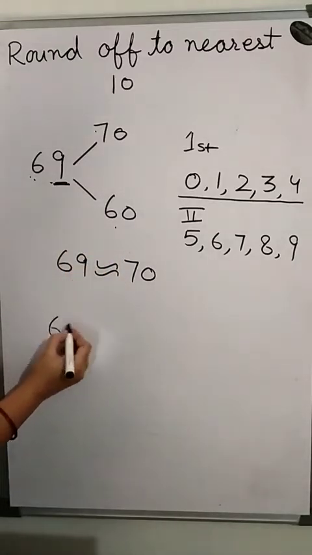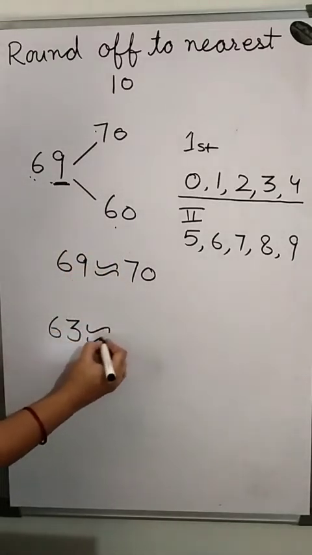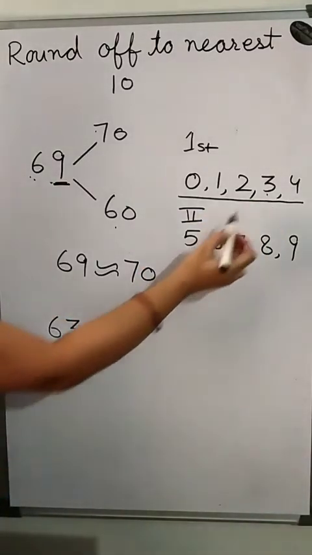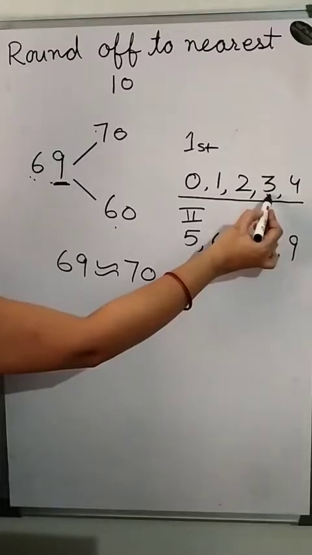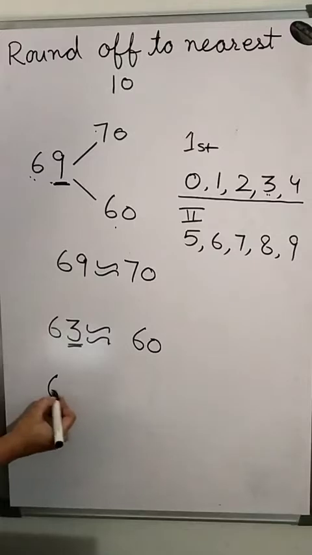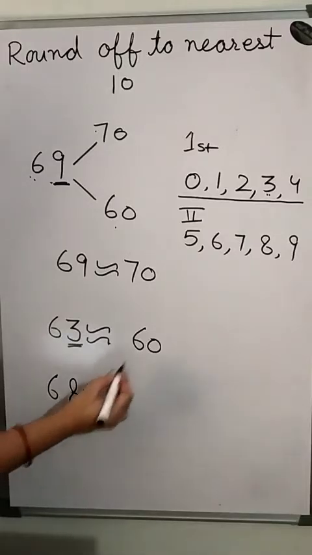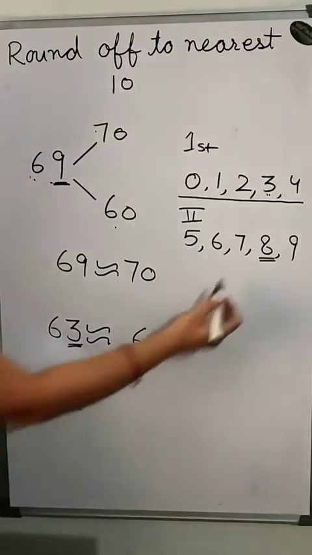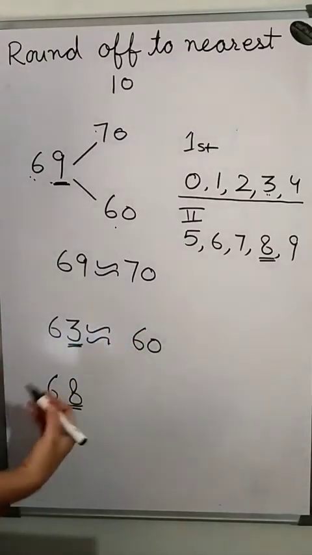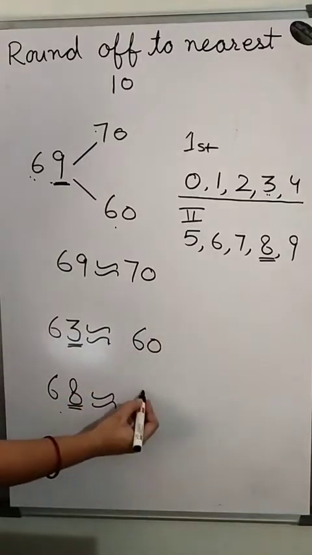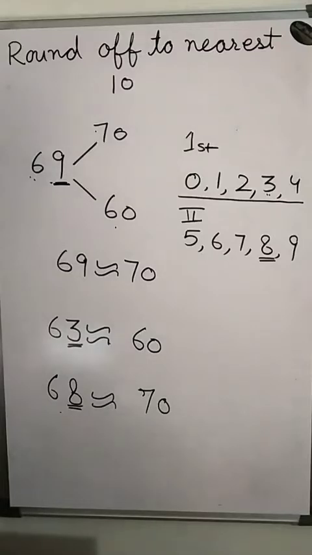Suppose you have the number 63. Just check this unit digit, it is from this group. So we round down the number, which means it is 60. And suppose you have the number 68. It is from the second group. So we round up the number and 68 is nearly equivalent to 70.